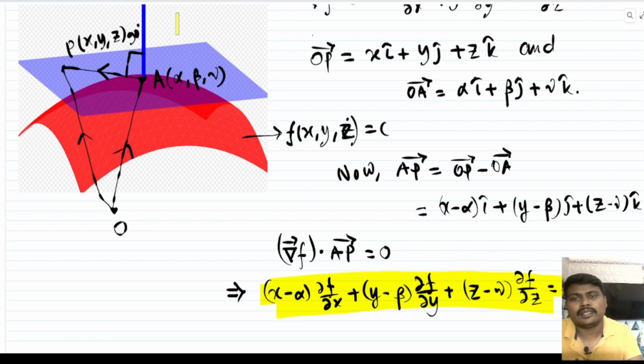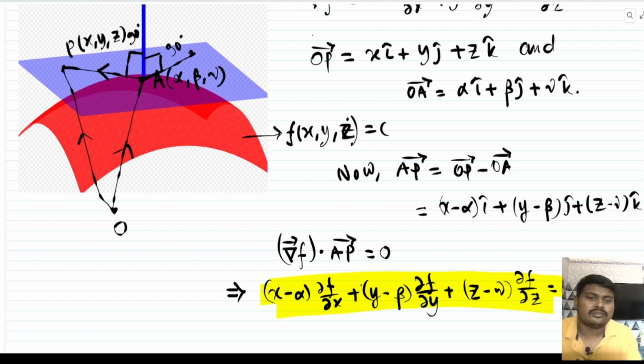Actually, if you consider any point on the blue plane and connect that point and A, then the angle between the normal line and this vector will be 90 degrees, and it always satisfies this equation. So any point of the blue plane always satisfies this equation.